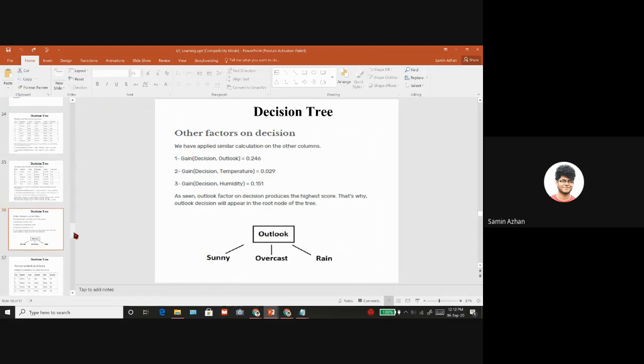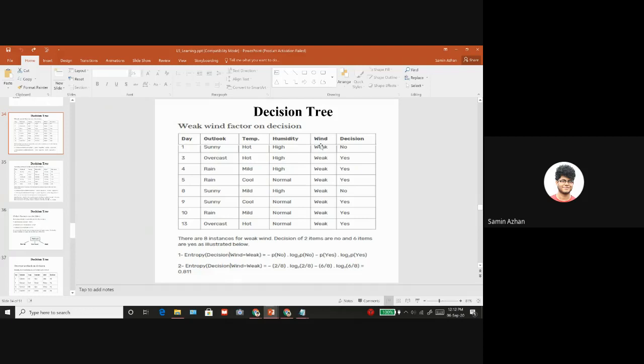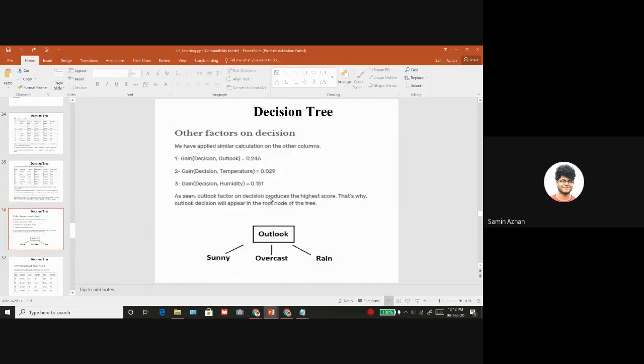I'll quickly share what this actually means. Why are we calculating the information gain? After calculating the information gain for all the attributes in our given table, wind, humidity, temperature, outlook, we have to compare them. So the more the better. The largest value means that if we choose that particular attribute as our root node, we would get the maximum information.